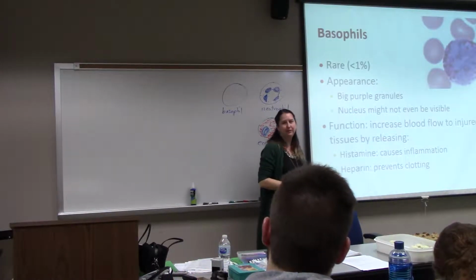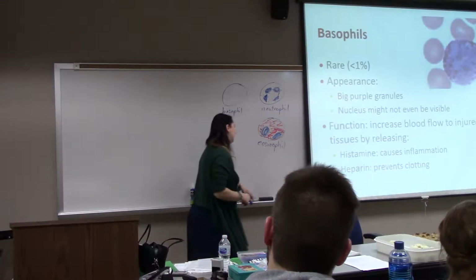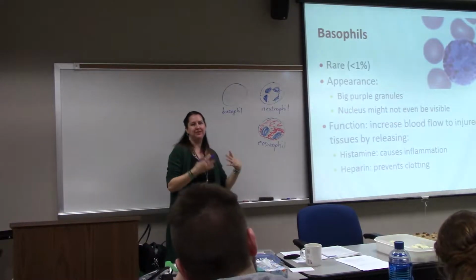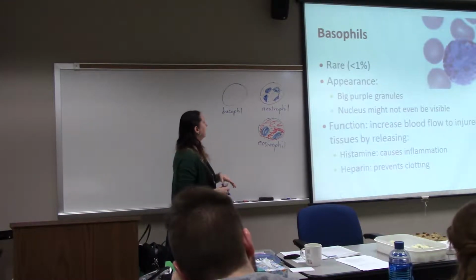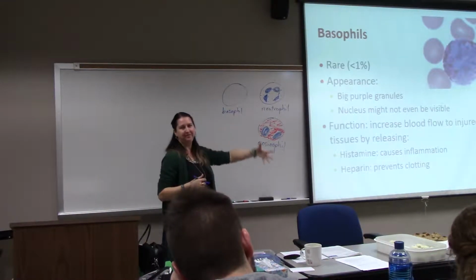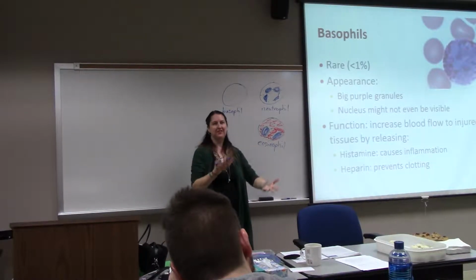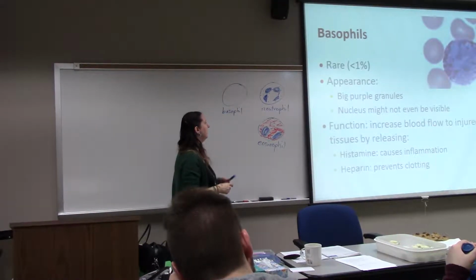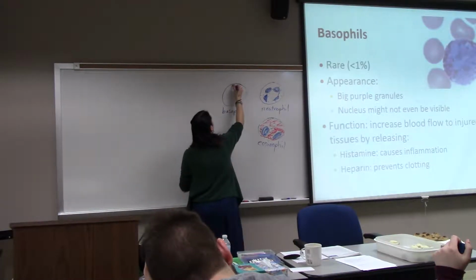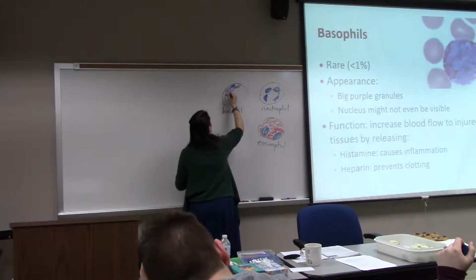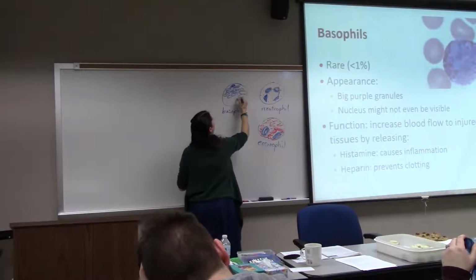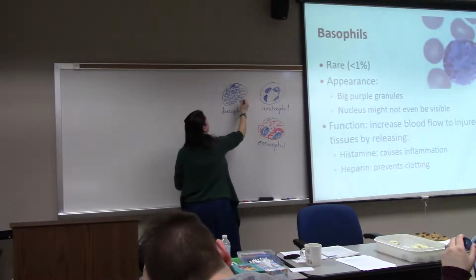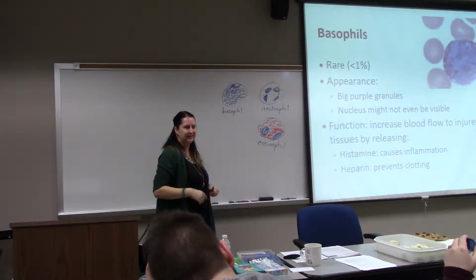Histamine causes the inflammation. Heparin prevents blood clotting so that the neutrophils can still get there. They're not blocked out. Basophils have big purple granules. They often take up the whole cell, and you can't even see the nucleus.